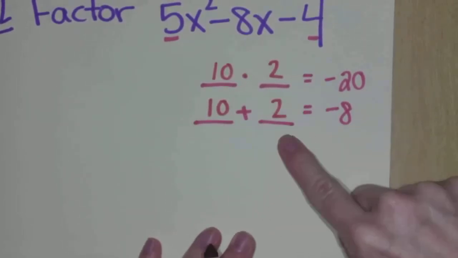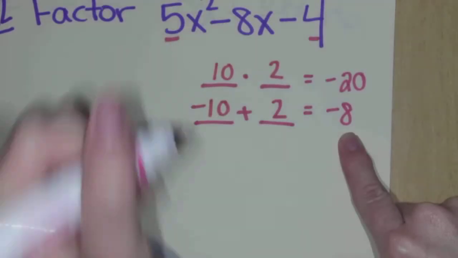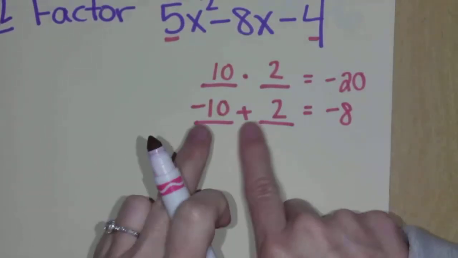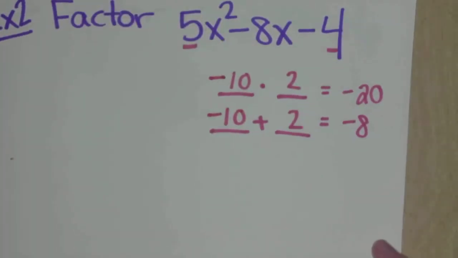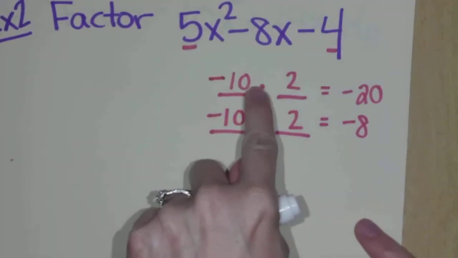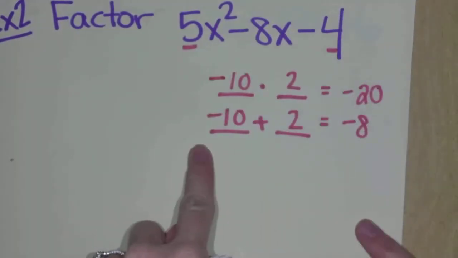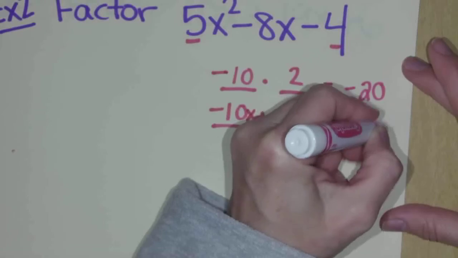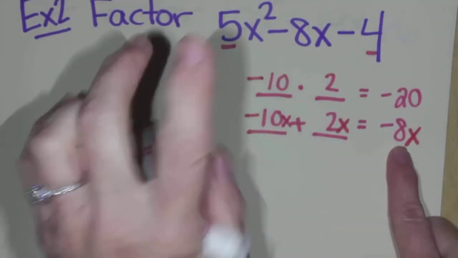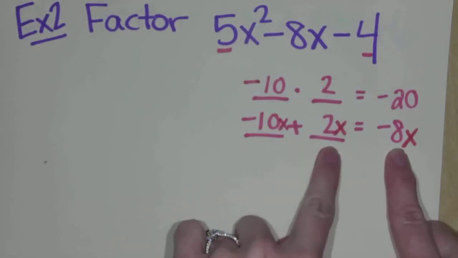So in order for a 10 and a 2, when you add them together, to sum up to a negative 8, the 10 would have to be negative. Now, these have to match, so that would force it to be a negative 10. Negative 10 times 2 is negative 20. So this scenario right here makes both statements true. Okay, so I'm going to pop some x's on here so that I know that I'm going to rewrite this negative 8x as a negative 10x plus a 2x.